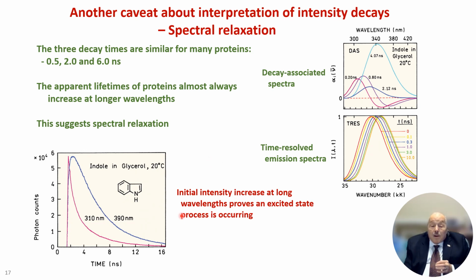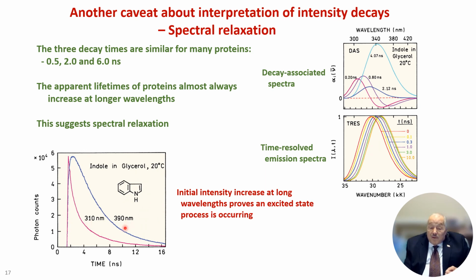The hallmark of an excited state reaction is an increase in the intensity at long wavelengths before the intensity decreases. So we see for this indole in glycerol, a pretty viscous solution, we see an initial fast decay time on the short wavelength side, 310 nanometers.